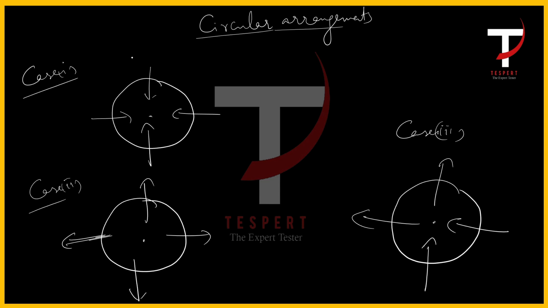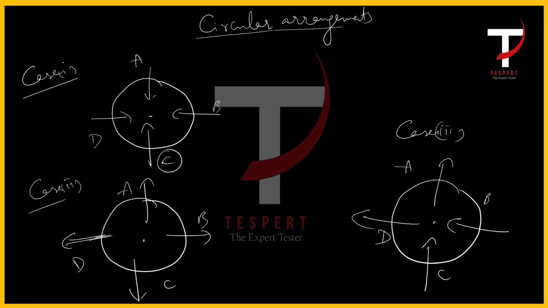Let us name them A, B, C, D. In case 1, all are towards the center, facing the center. Their faces are towards the center. So who is left of C?